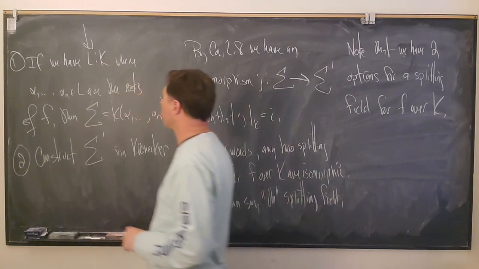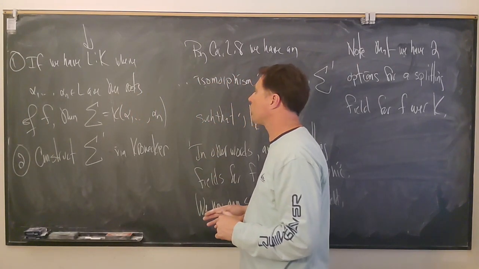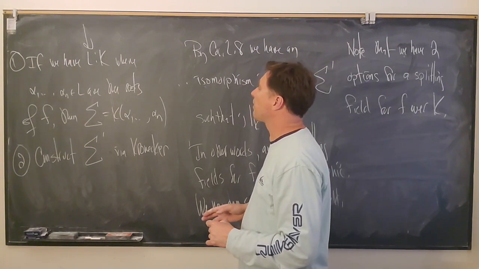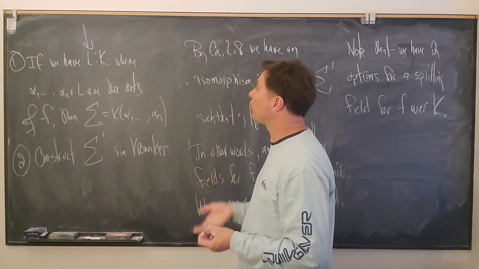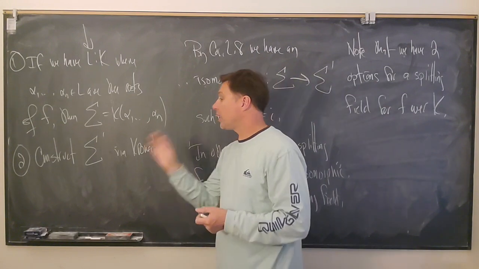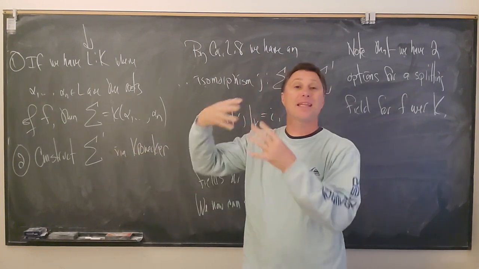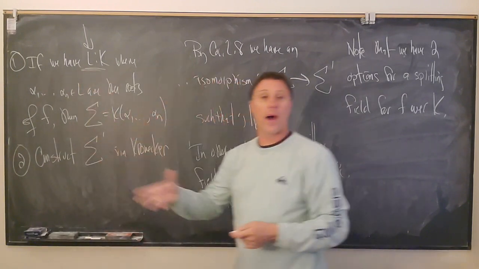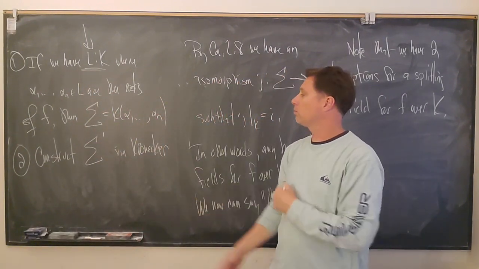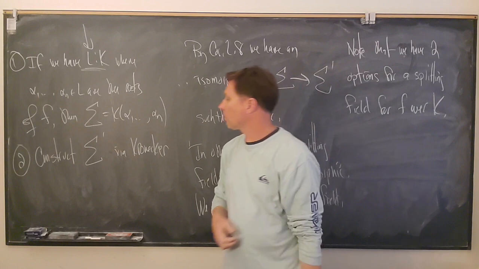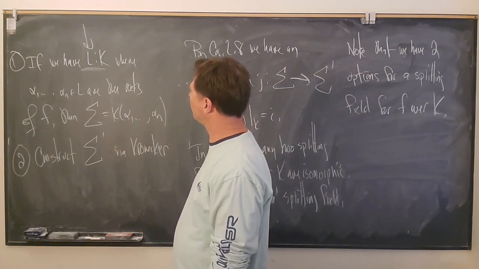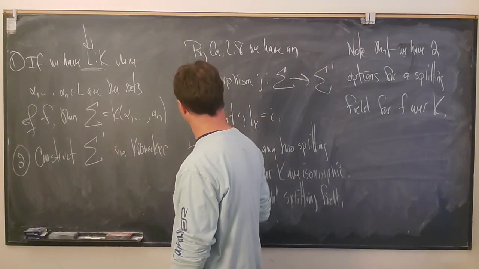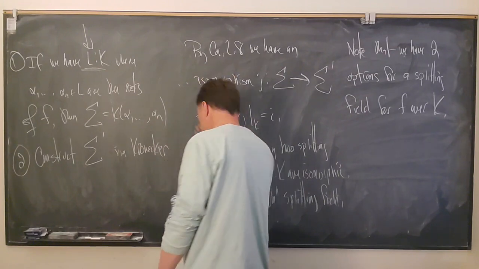Kronecker gives you a way, root by root of your polynomial, to find a place that contains the roots. So it allows you to build this L one root at a time. And what do our previous observations show us?